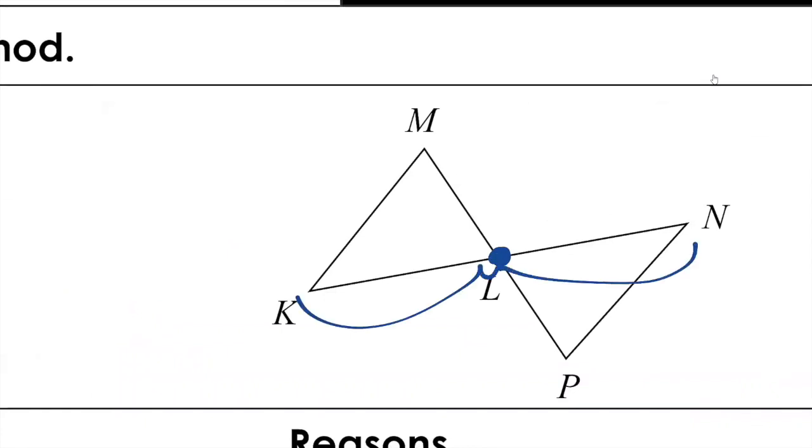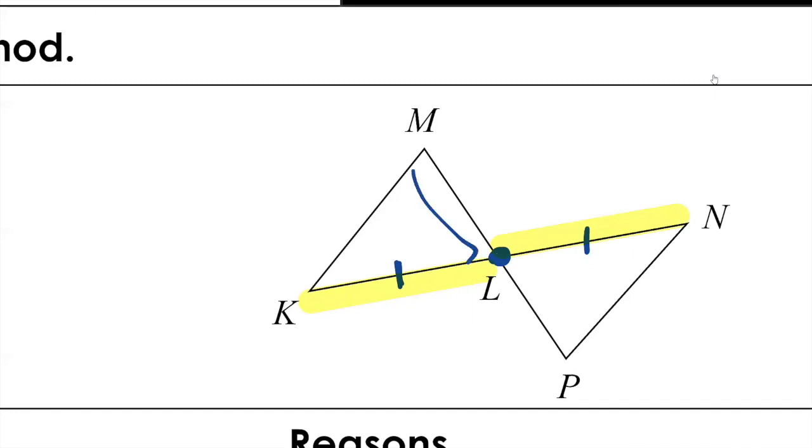What does that mean? What does the midpoint do? It shows it's in the middle of a segment, so it creates two congruent segments. And then it said L is also the midpoint of MP. Those two segments are also congruent.